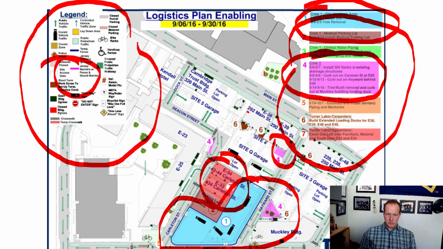Is that a Crew 2 or is that a jersey barrier? I'm getting confused now. And then we've got some other things in here. We've got numbers. We've got the symbols. This could get confusing for people. I don't really like this particular job site logistics plan either.